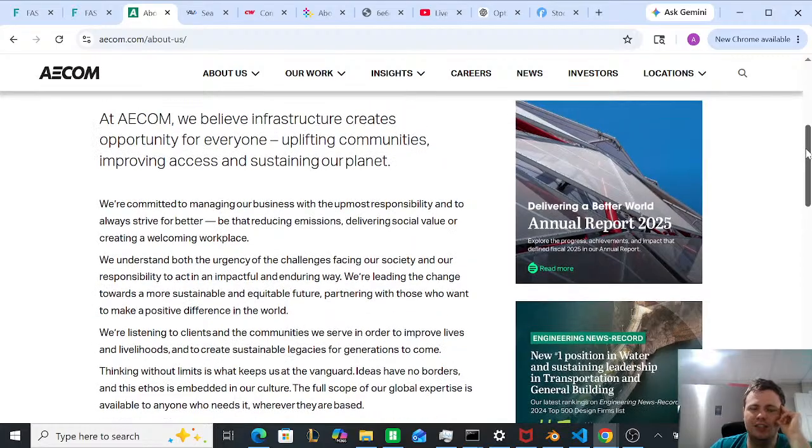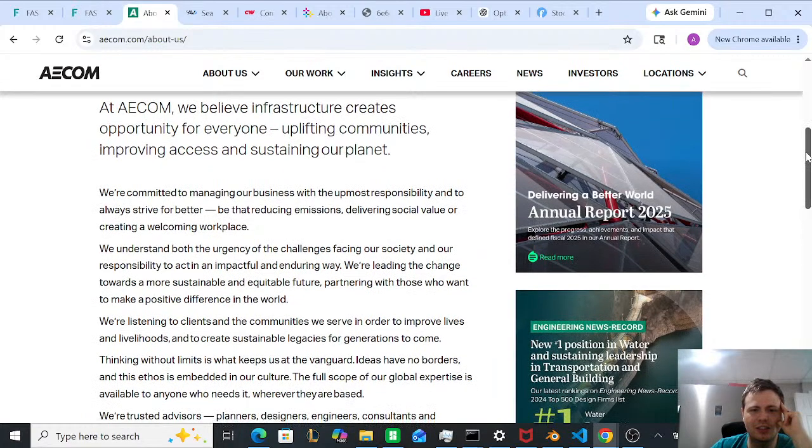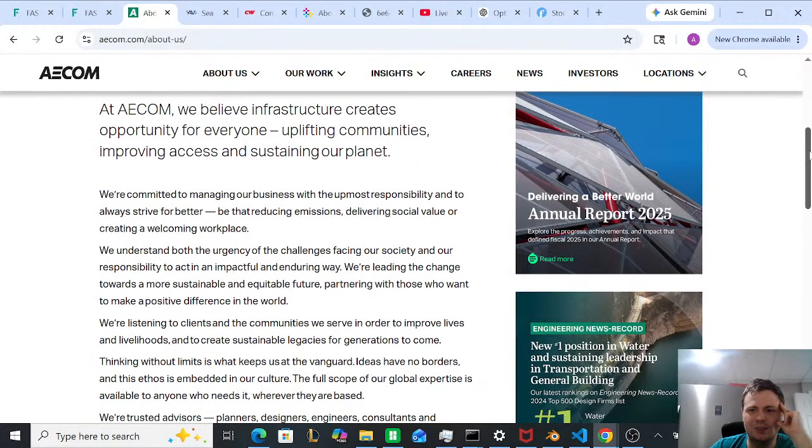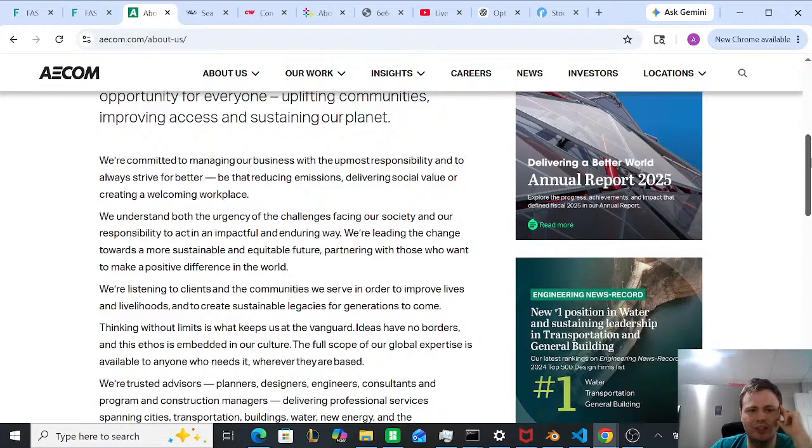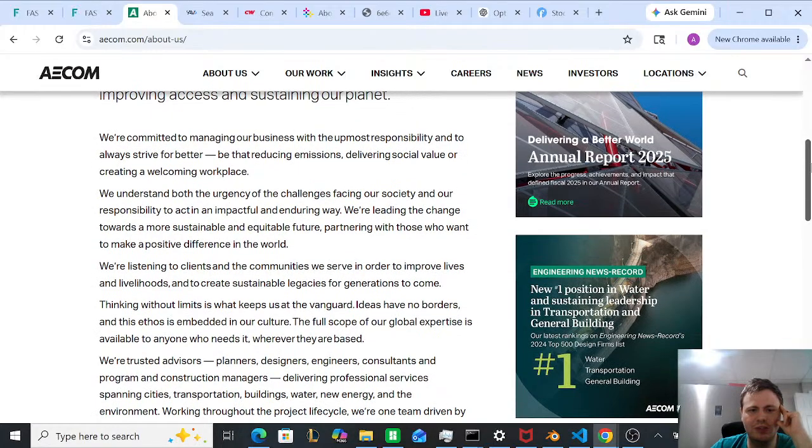Now this is some frou-frou language about uplifting communities and sustaining our planet. So maybe they've overextended themselves in some green projects, like we saw the windmills off the coast and things of that nature. And maybe they're seeing some bad headlines, and that's what's driving the price to get beaten down right now.